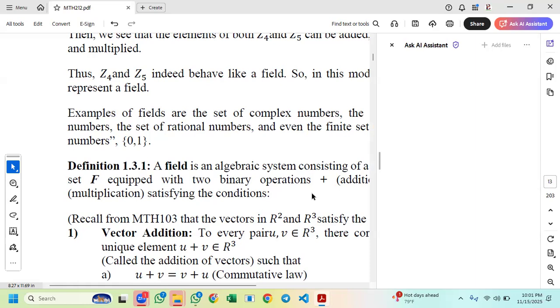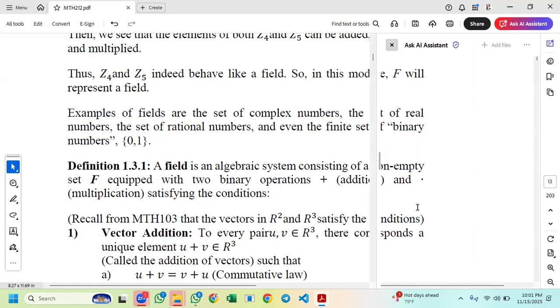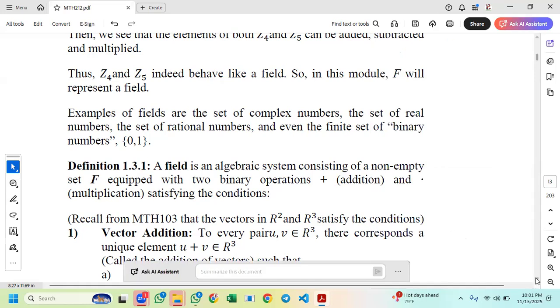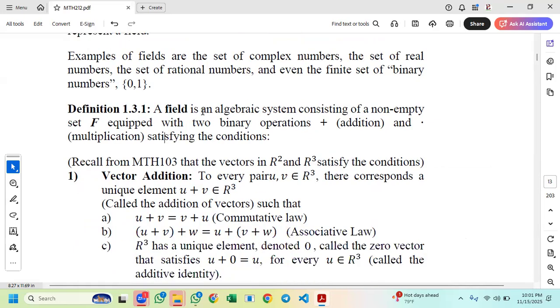Let's move on to definitions. Definition 1.3. Now they're giving us an official definition of a field. A field is an algebraic system consisting of a non-empty set F equipped with two binary operations, which are addition and multiplication, satisfying the conditions.